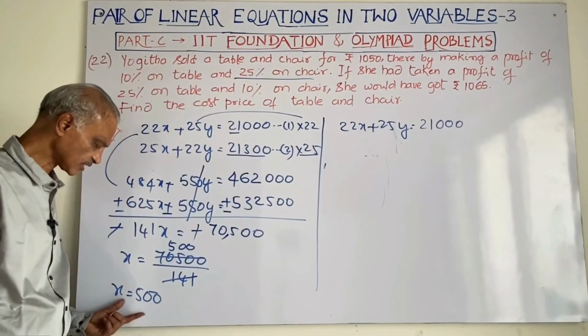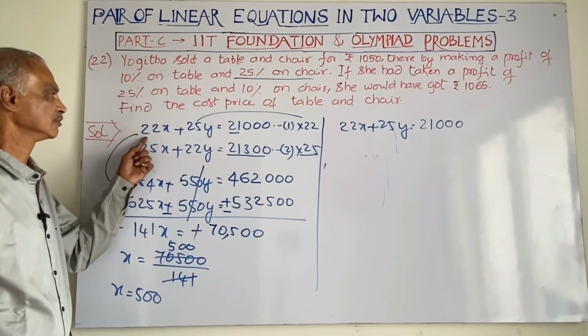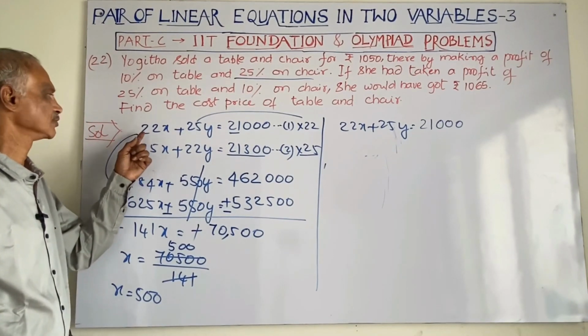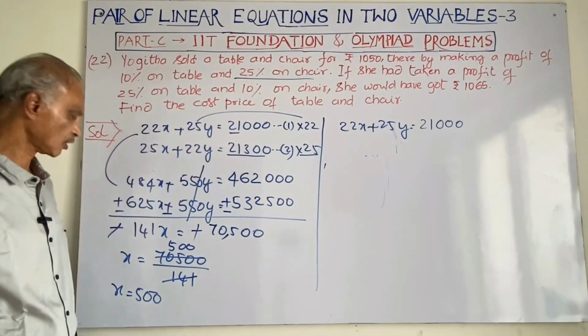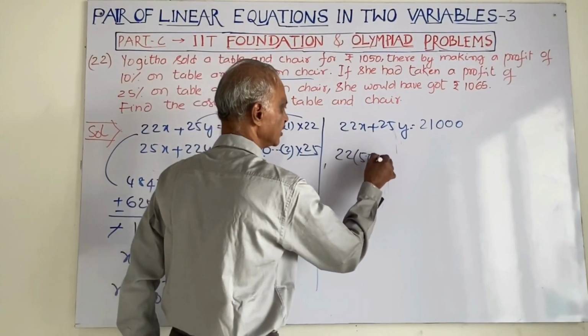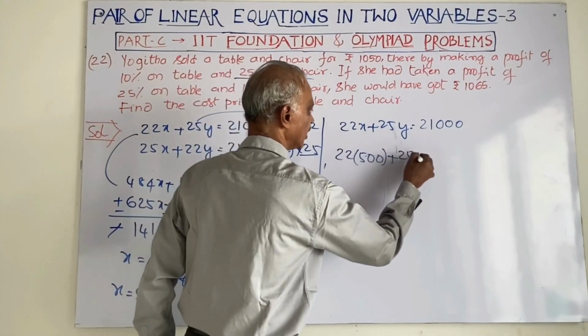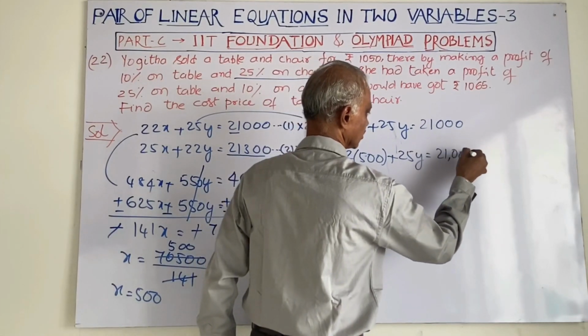Now the value of x is 500. Substitute the value of x in one of these two equations. You see 22x plus 25y is equal to 21,000. What is the value of x here? 22 into 500 plus 25y is equal to 21,000.